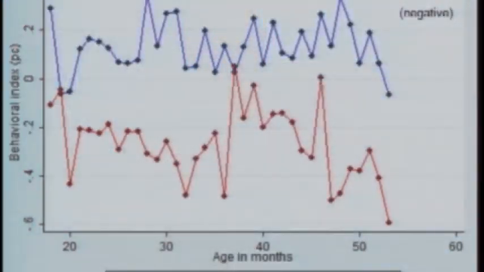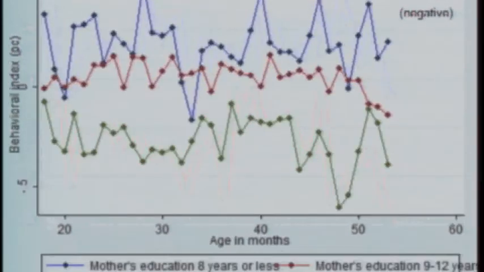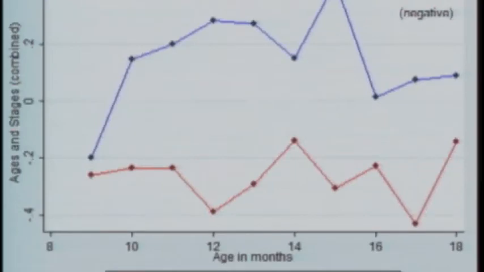For maternal education, similar kind of pattern, worse behavior with the less schooled mothers. This is an alternative behavioral index for a wider and older age range. Here, again, there appear to be significant differentials that persist at least over the age range considered.